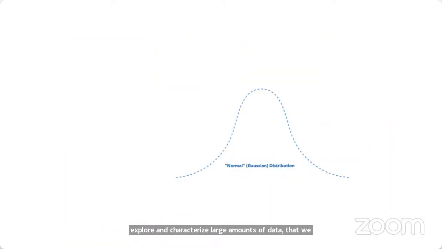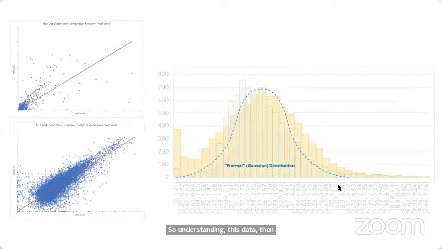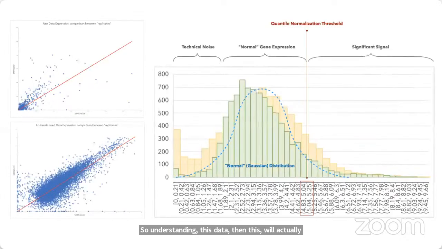So understanding this data, we will use several of these representations, like scatter plot or histogram, to visualize the data and to spot technical noise level or to spot a specific threshold with which we have to perform some very important statistical analysis that is required for our downstream analysis methods.